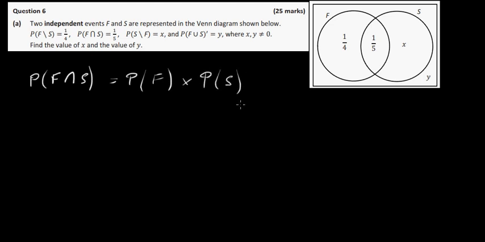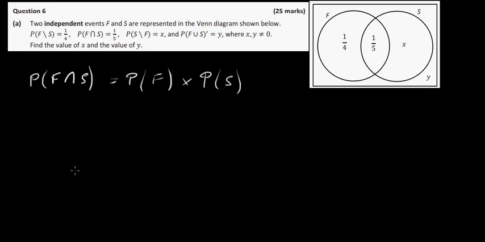Because F and S are independent, the probability of F intersection S is the probability of F times the probability of S. So that's really your definition of independence.